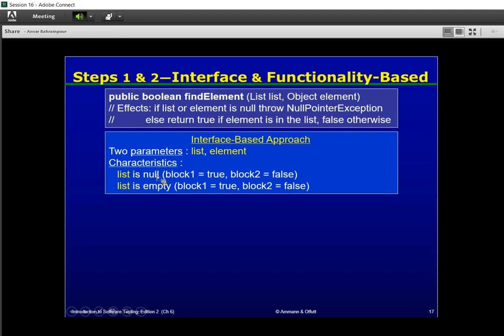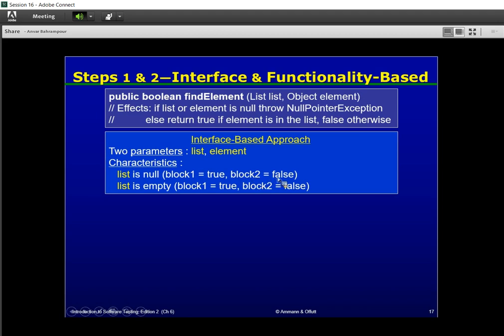The first characteristic is the null characteristic. When we use this characteristic to partition the domain, we have just two blocks. Block 1 is a simple null list, a set with one instance of lists, which is a null list.